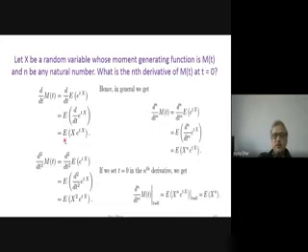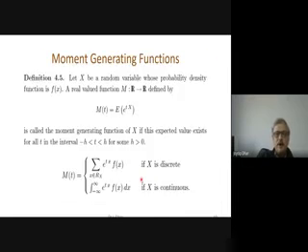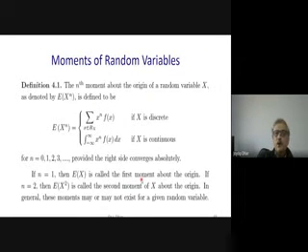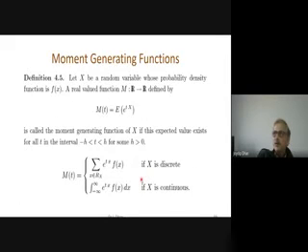So the first derivative of the moment generating function at t equal to 0 is the expectation. If I calculate the second derivative, we get E of x square, and so on. So at t equal to 0, the nth derivative will give you E of x to the power n, meaning from the moment generating function we can get the moments of the random variable. If I differentiate the moment generating function with respect to t and put t equal to 0, the order of the derivative determines the order of the moment.